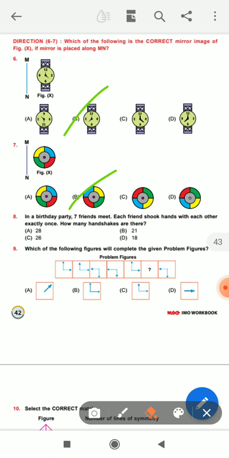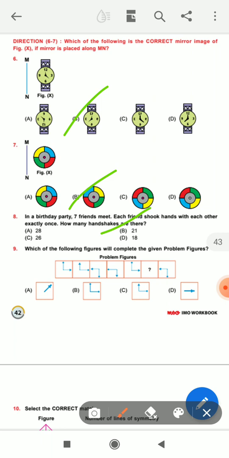How many handshakes are there? First, you have 7 friends. So you add 6 plus 5 plus 4 plus 3 plus 2 plus 1. Add all the numbers. So the answer is 21. Option B is the correct answer.